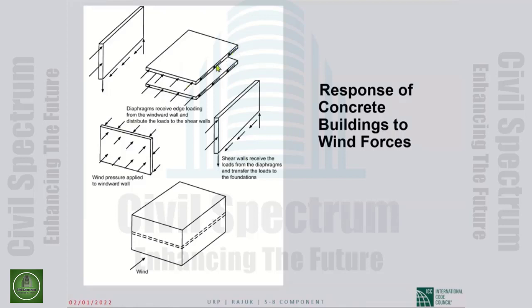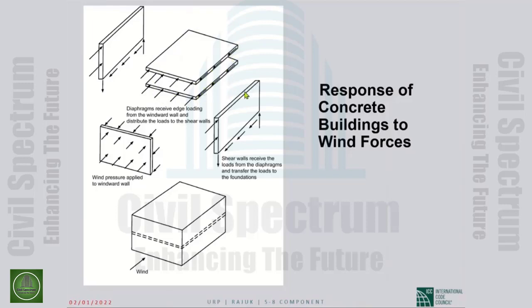So that face of the diaphragm goes into compression, that face of the diaphragm goes into tension. There is in-plane bending of the diaphragm like that, and shear forces develop along faces of the diaphragm parallel to the wind.